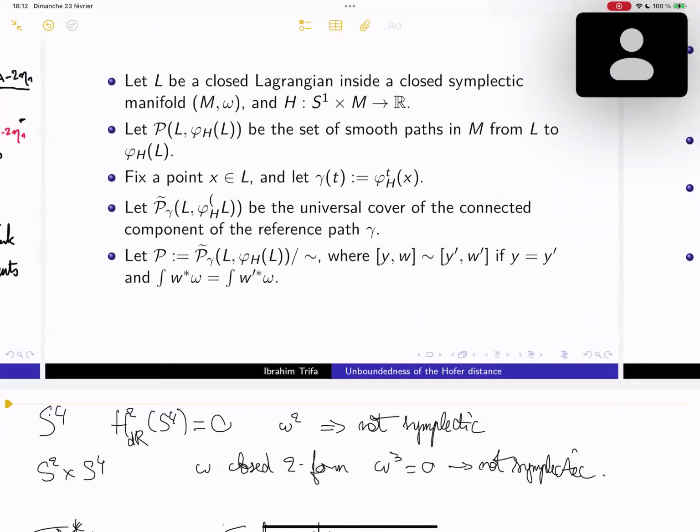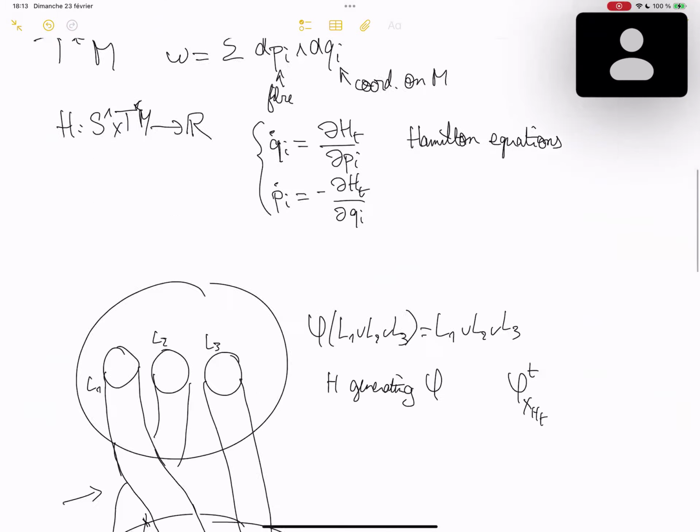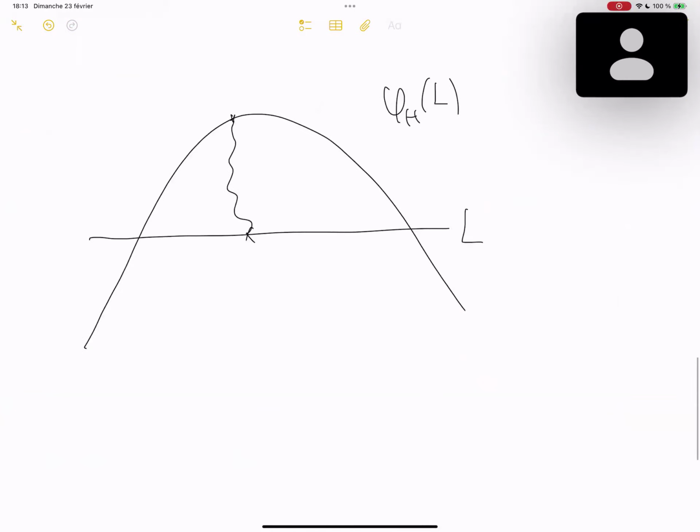We will choose a point x on L and look at its trajectory under the isotopy phi ht, and we will choose it as a reference path. So we have our point x here. We follow the isotopy, and of course we end up on phi h of L at time 1.